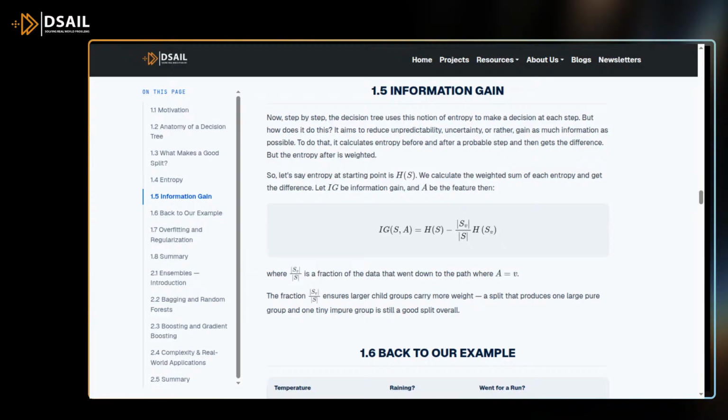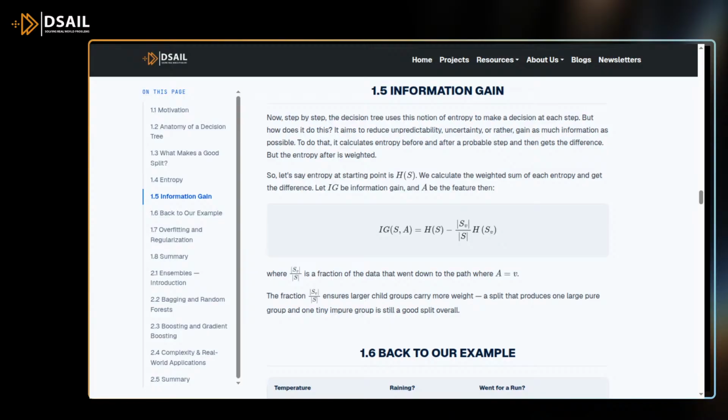Then we get the entropy for each of them, but we do a weight of the values of A. Ideally, we do the entropy before doing any split, and then we do the entropy after doing the split. That is, we are doing the entropy of each of the children that have arisen from the split.